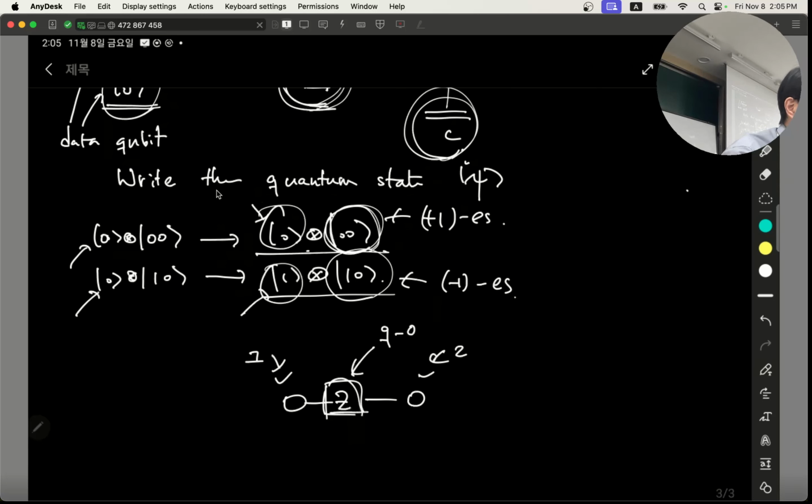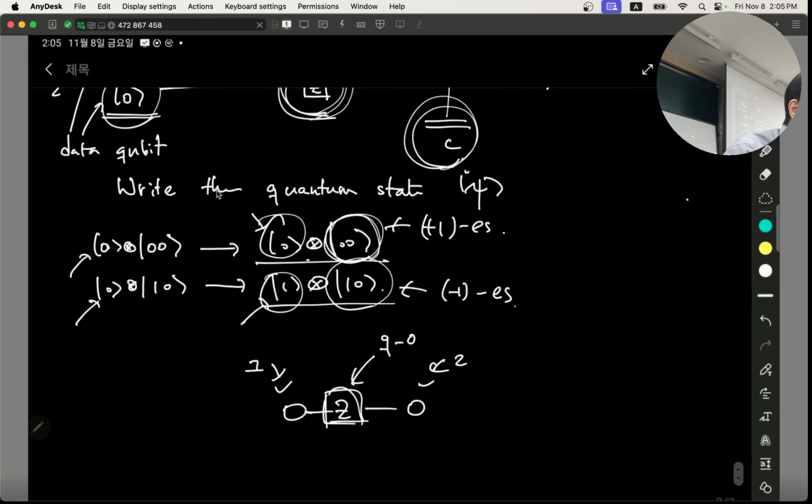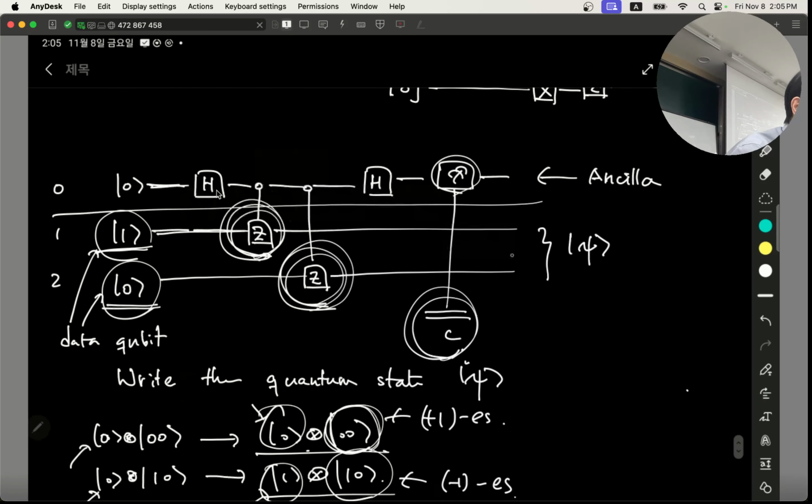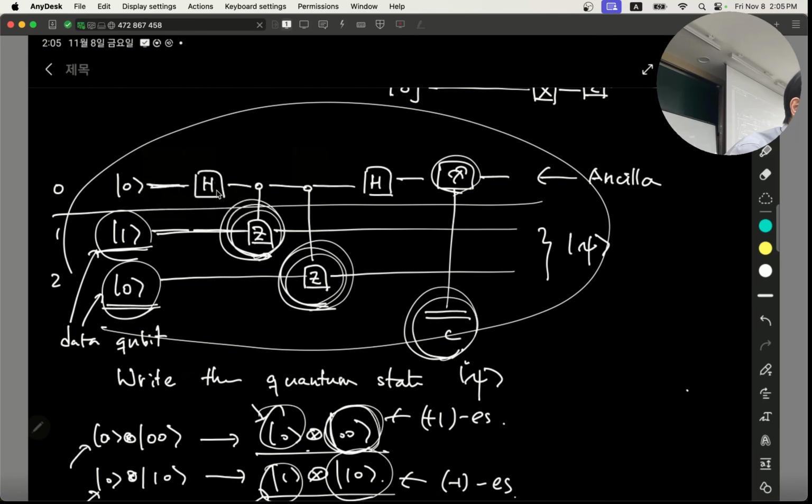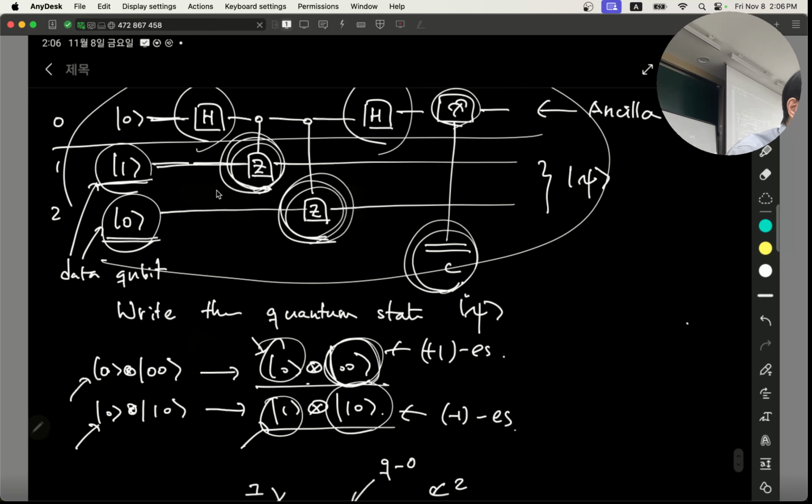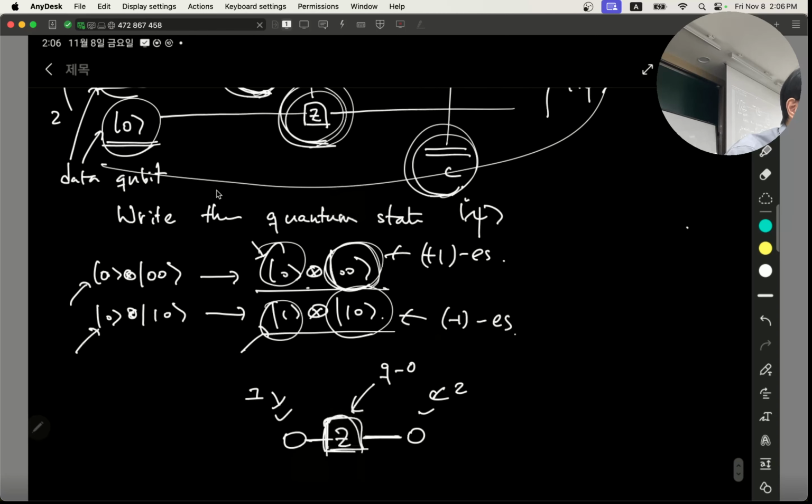When we have an edge connecting a data qubit to the stabilizer qubit, we run the circuit like this. Whenever you have more data qubits, you do more CNOT or CZ gates in between the Hadamard gates, and then we take the measurement on the stabilizer qubit.